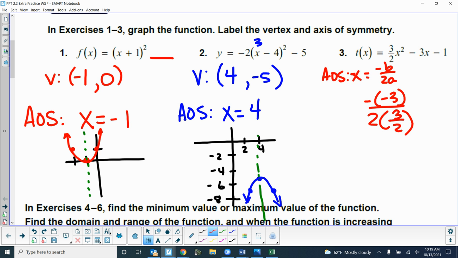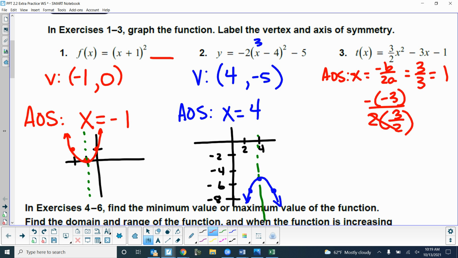Just using our formula, right? What's 2 times 3/2? What happens to the 2's? You guys know that the 2's cancel. So it's -3/3, which is +1. So there's my axis of symmetry.